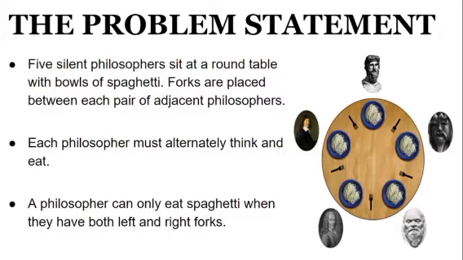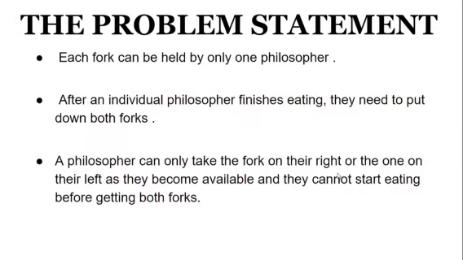Here comes the first deadlock, as we see the number of forks and spaghetti is 5 and 5 each, which completely denies the fact that one philosopher can have left and right. Every philosopher needs to have the spaghetti with both right and left forks, which is the first deadlock.